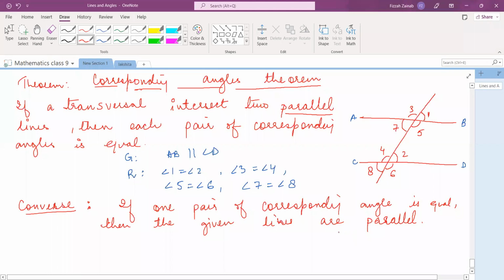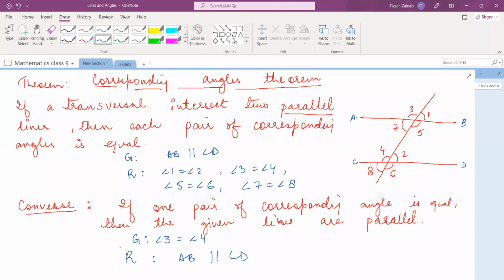Right? So only one pair needs to be equal. Let's say it is given that angle 3 is equal to angle 4. Only one pair is given which is equal. Now you can see angle 3 and angle 4 are corresponding angles. So it implies that the lines are parallel. AB is parallel to CD. This is called the converse of the corresponding angle theorem. The converse is very important. Most of the time we use the converse while solving questions.